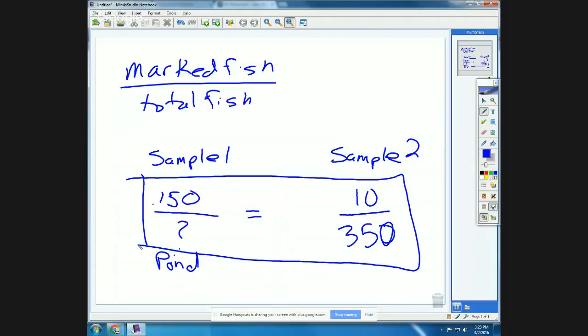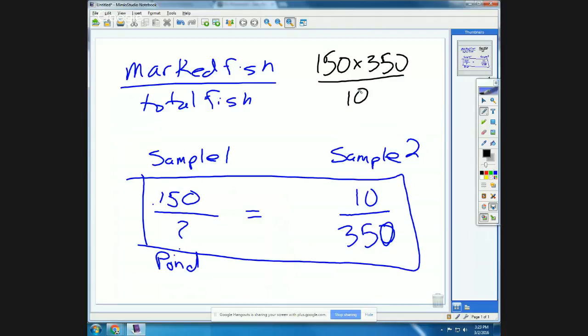So whip out those calculators or do some arithmetic. A little arithmetic over here. We get the 150 times the 350, and then we're going to have to divide by 10.